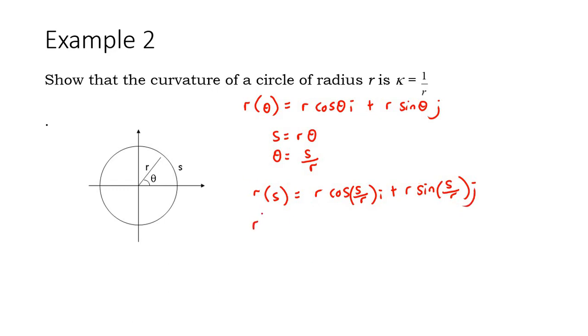And then find r prime s, by differentiating each component with respect to s.